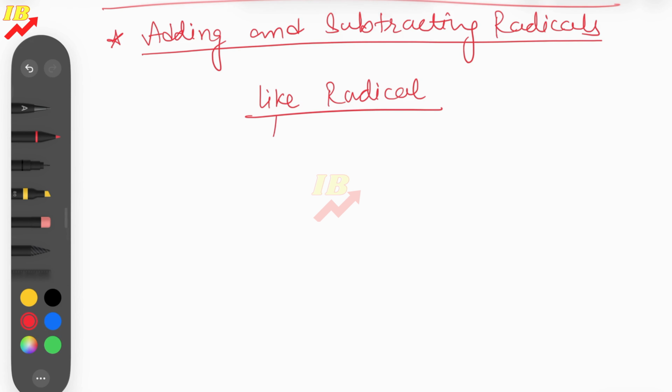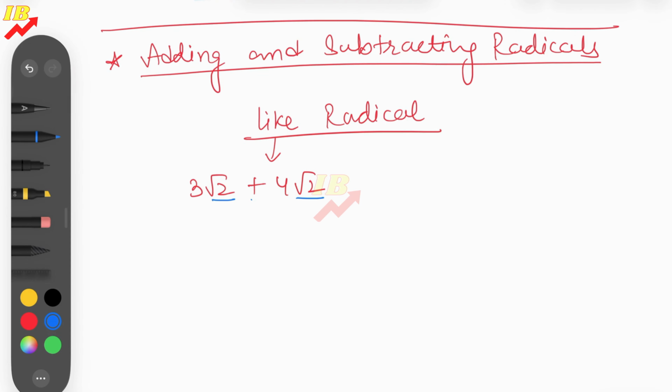If I'm talking about 3 root 2 plus 4 root 2, here you can see that root 2 and root 2 are same, right? That means we are going to consider this as a like radical. Now you can easily add it. 3 and 4 is 7 and root 2 remains root 2.